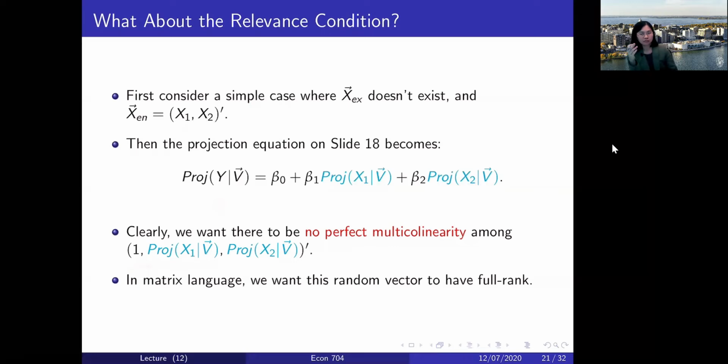Perfect multicollinearity causes the OLS estimator to be ill-defined. So we do want there to be no perfect multicollinearity. That turns out to be where the relevance condition comes in.